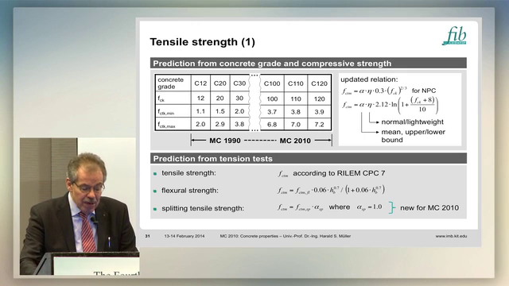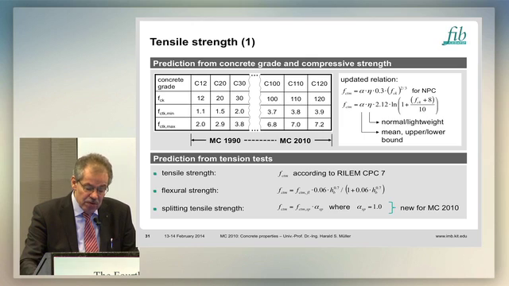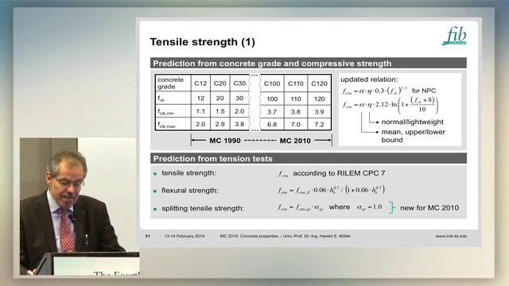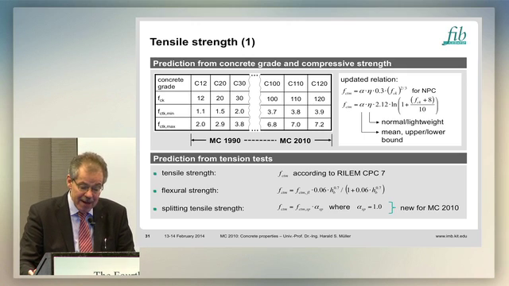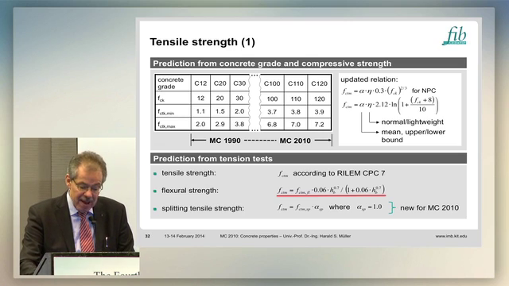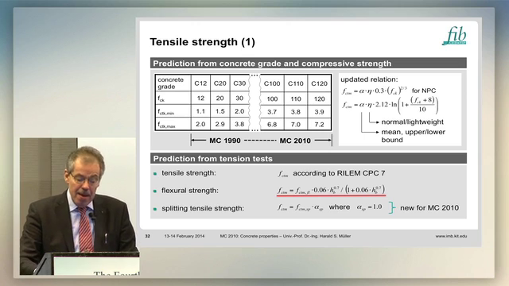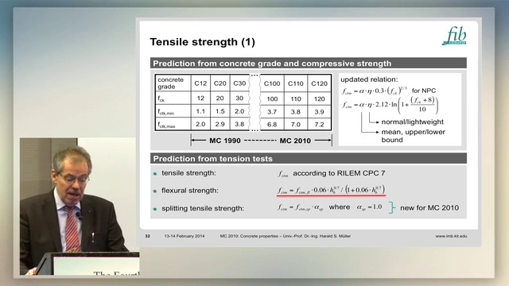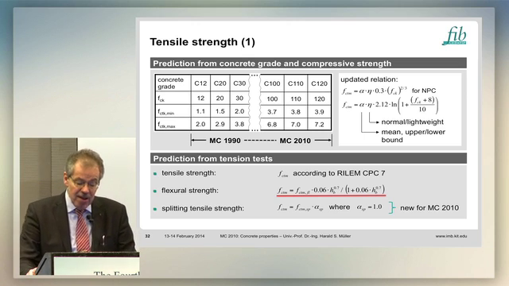But if you would like to predict, if you carry out tests, then we recommend in the Model Code to run the tests according to a RILEM guideline. And if you do these tests on beams, you will measure the flexural strength, then you have a relation like this one here to calculate the tensile strength from the flexural strength of concrete.